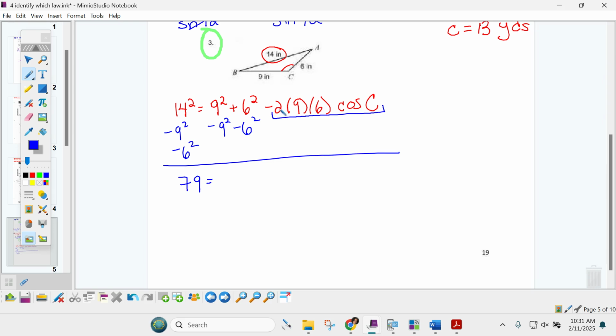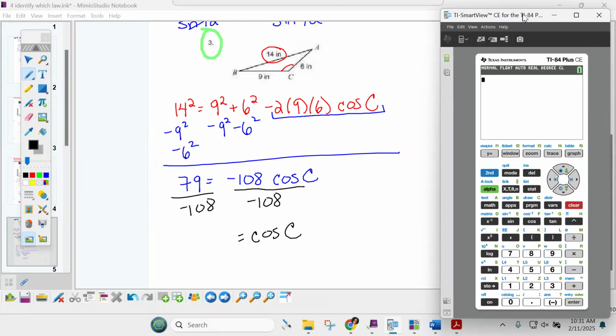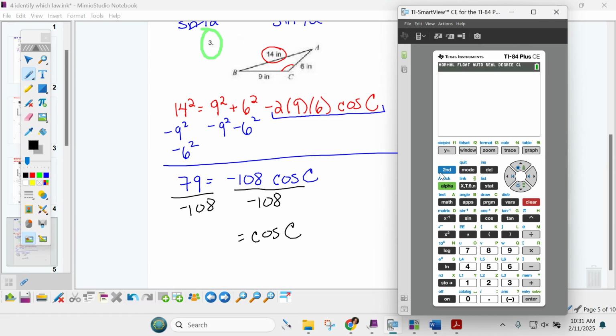I am going to calculate -2 times 9 times 6. Divide both sides by -108. Now, 9 divided by -108.